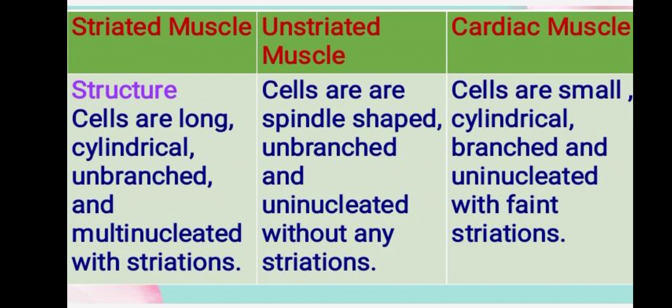You must remember striations, these are light and dark bands. In unstriated muscle, cells are spindle-shaped, unbranched, uninucleated without any striations. Whereas in cardiac muscle, cells are small, cylindrical, branched, and uninucleated with faint striations as compared to the striated muscles.